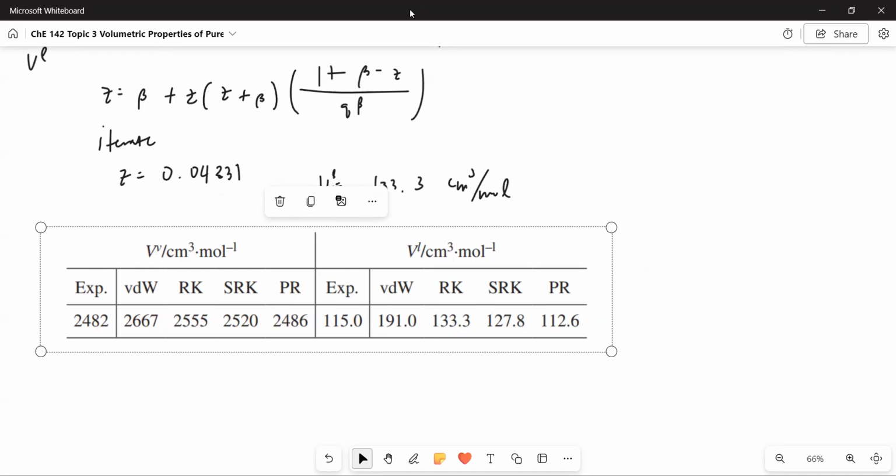I will leave it up to you to apply the equations for SRK and PR, and you should end up with the following answers. And this ends Example 7.